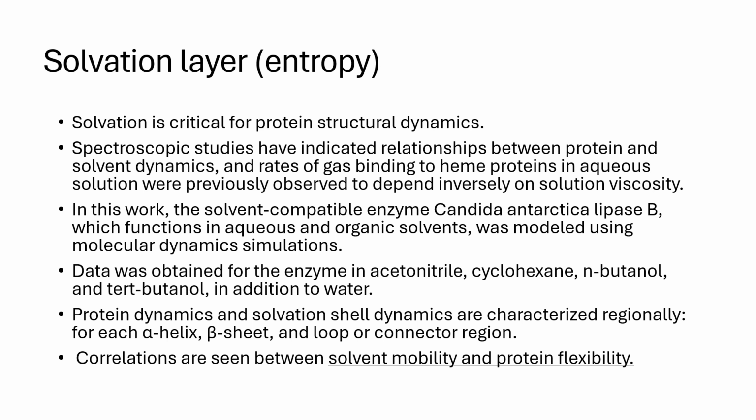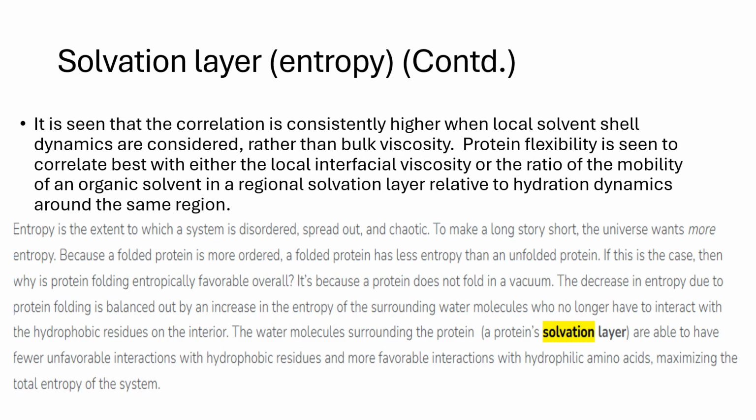Protein dynamics and solvation shell dynamics are characterized regionally for each alpha helix, beta sheet, and loop or connector region. Correlations are seen between solvent mobility and protein flexibility. So if the solvent is mobile, the protein will also be flexible. Solvation is critical for protein structural dynamics.